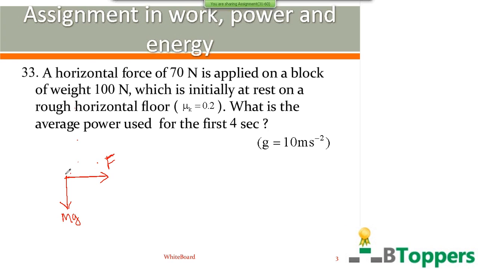The force of kinetic friction on the block by the surface of floor acts opposite to the direction of the motion of the block, that is opposite to the horizontal force applied. Let Fk denote the magnitude of kinetic friction on the block.